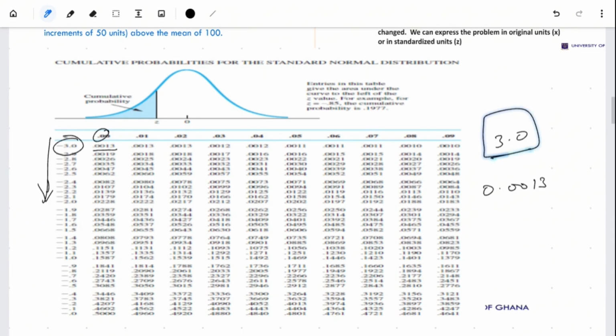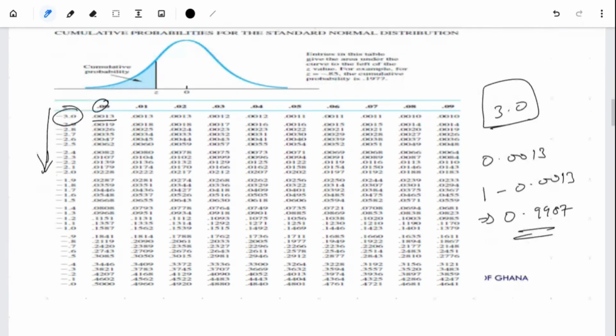So what we are going to do is take 1 minus 0.0013, and the probability that we get should be the same as the probability we are going to get if you find it from the positive Z value. So this gives us 0.9987, right?